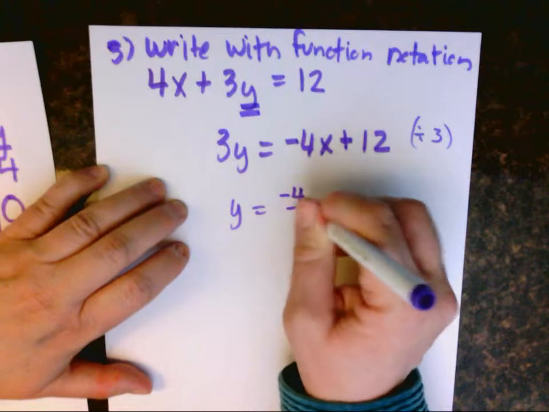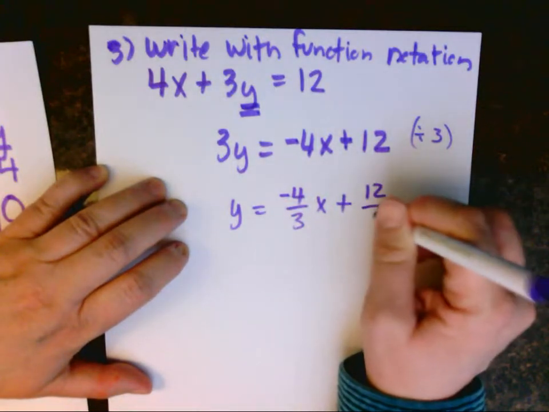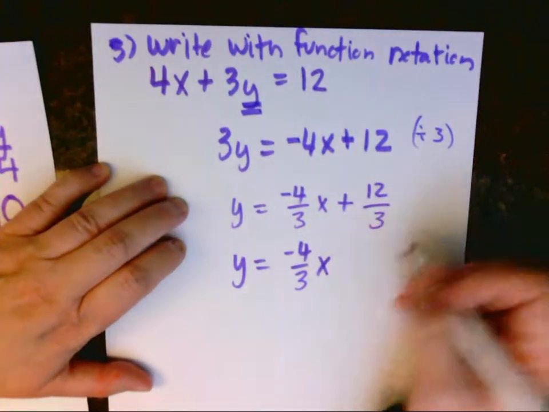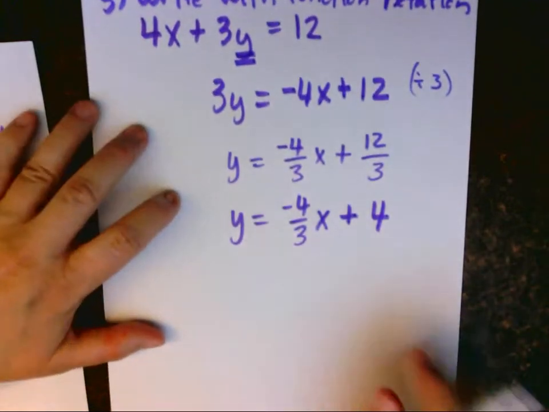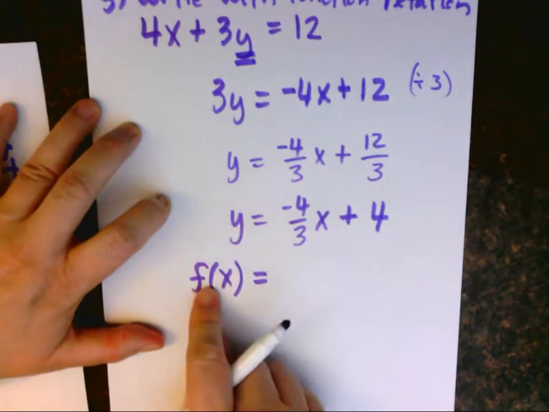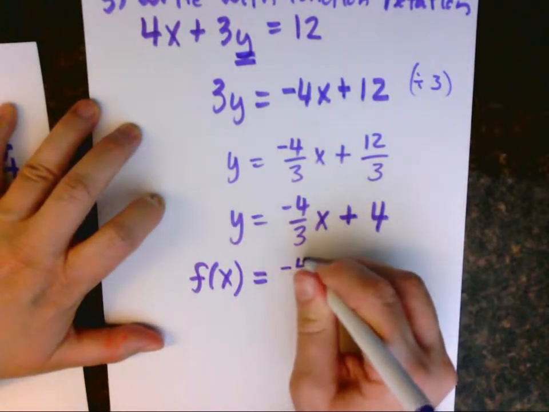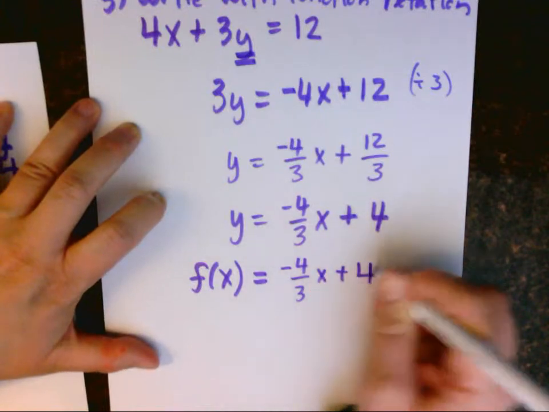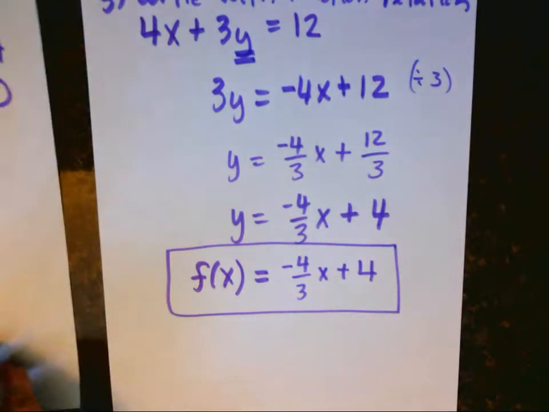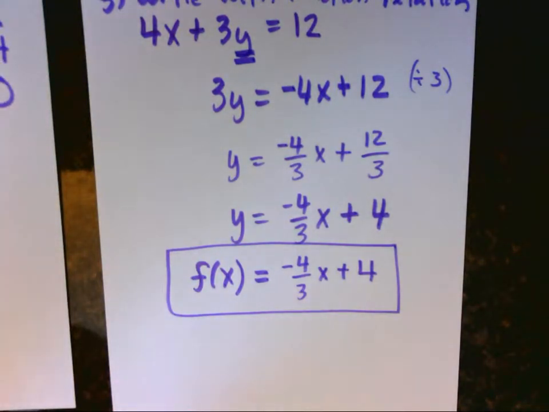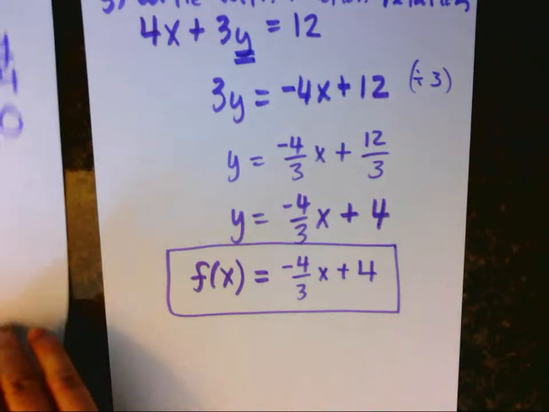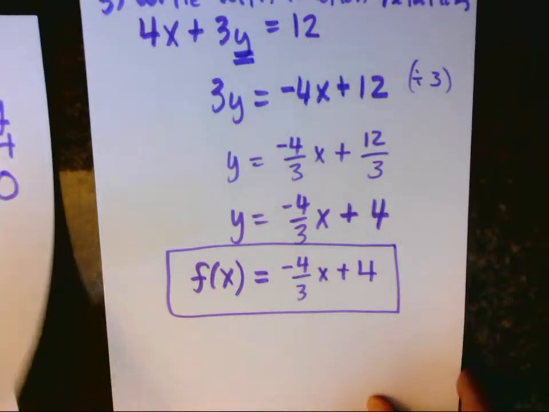We have negative 4 divided by 3, and 12 divided by 3, which we should rewrite, obviously. 12 divided by 3 is 4. So we have now solved for y, and it's easy at this point to put this with function notation. We change the y to f of x. Looks good. So we did everything they asked us to on number 2A. Let's move to 2B now.